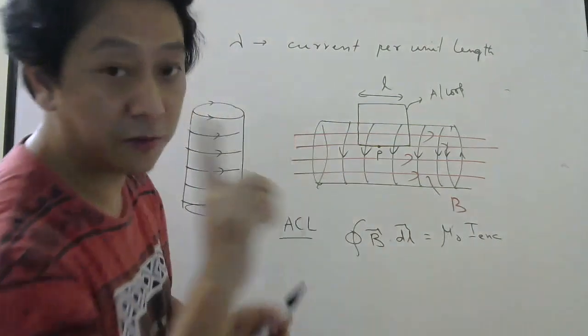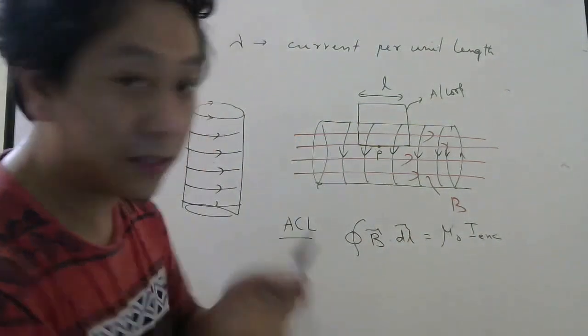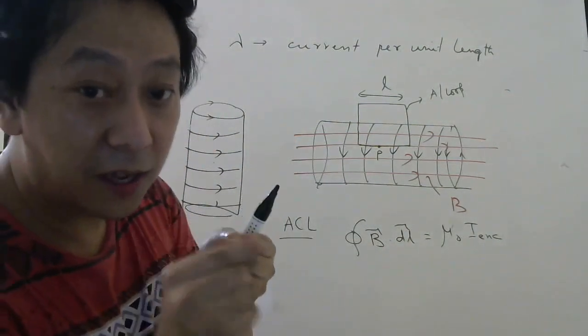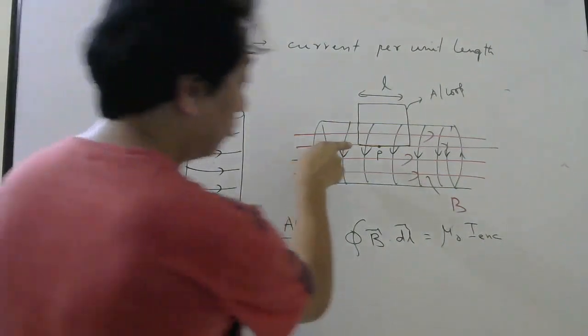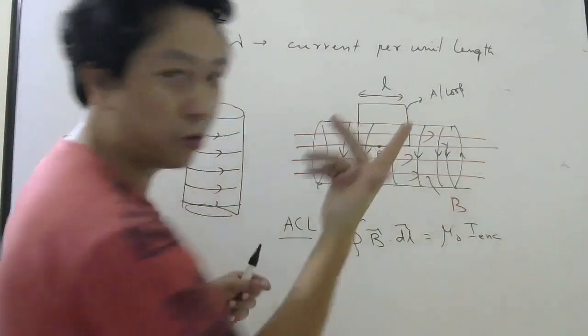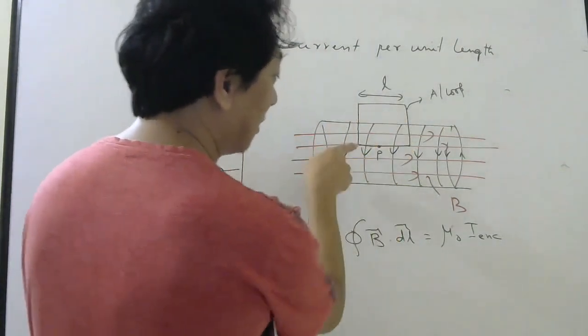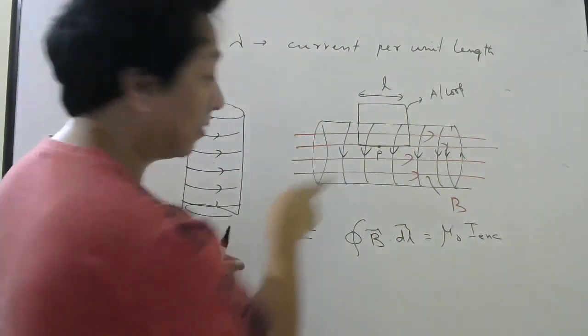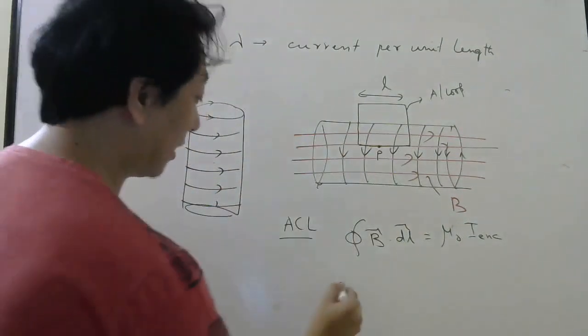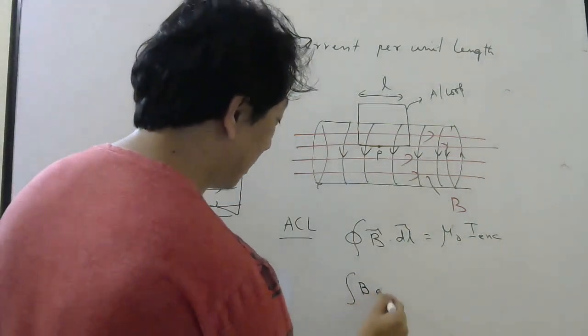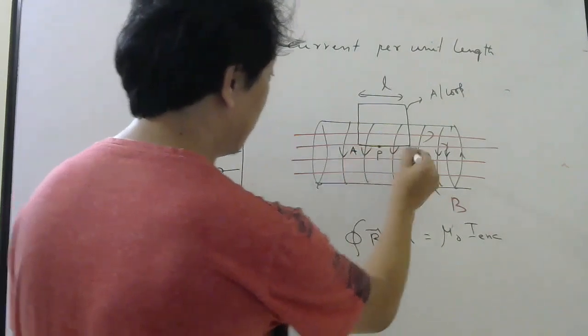In Ampere's circuital law, dl is the small element of the Amperian loop. I am moving this way, let us assume; you can go whichever way you want. Then dl is this side, B is also this side, so I will get integral B dl from a to b.